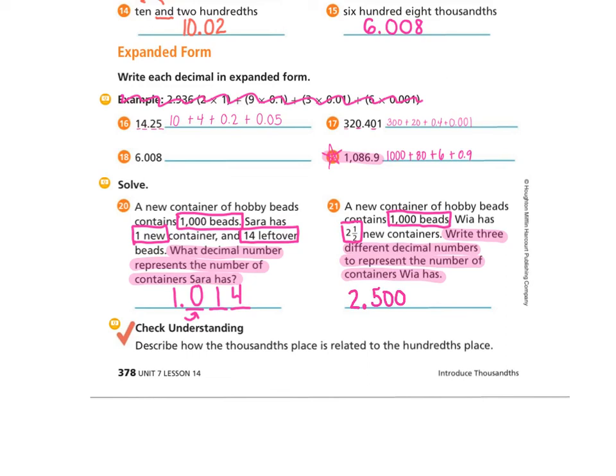Pause this video and see if you can come up with 2 more decimal numbers that are equivalent or equal to 2 and 500 thousandths. Then press play. Hopefully you chose the easy route and got rid of some of those zeros. 2 and 50 hundredths is equivalent, and 2 and 5 tenths is also equivalent.